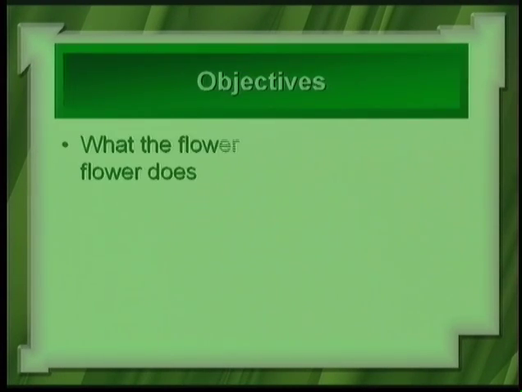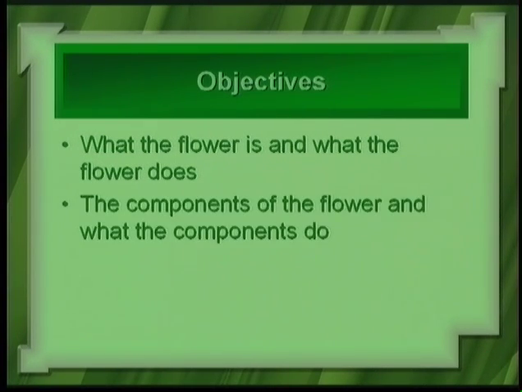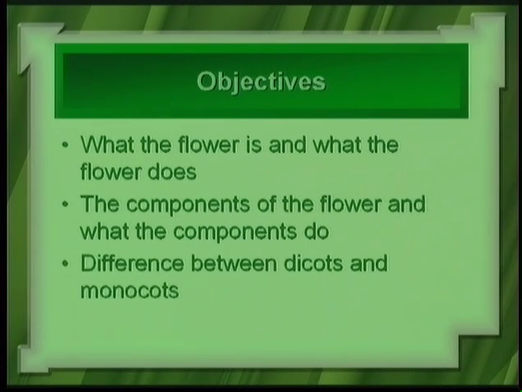So our objectives, first of all, what the flower is and what the flower does. Secondly, the components of the flower, the parts of the flower that make it up, and what these components do. Thirdly, differences in the flower between dicots and monocots. Okay?